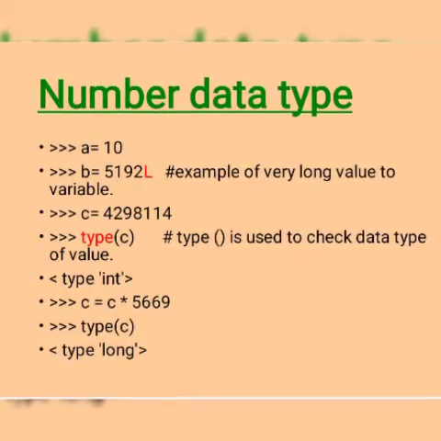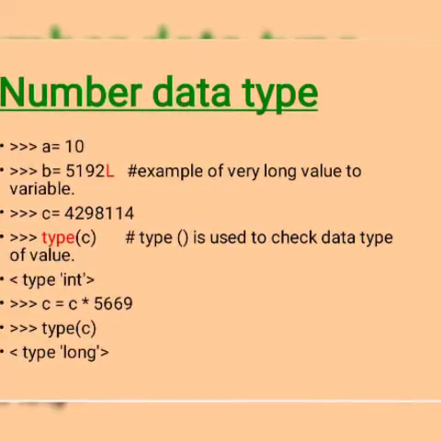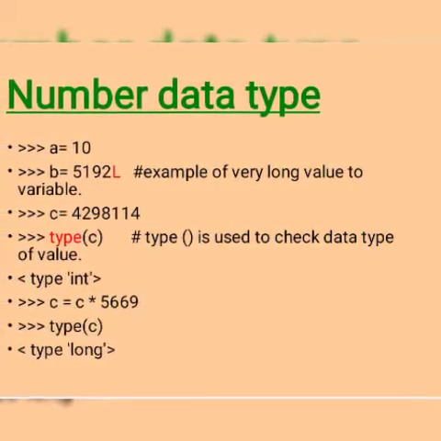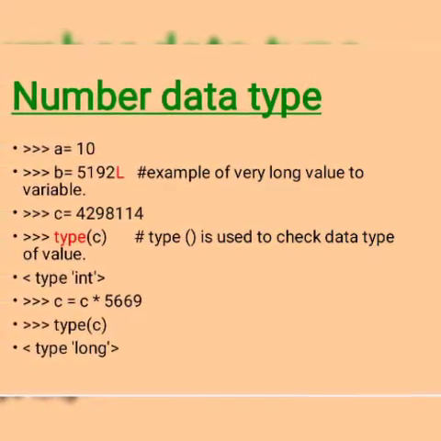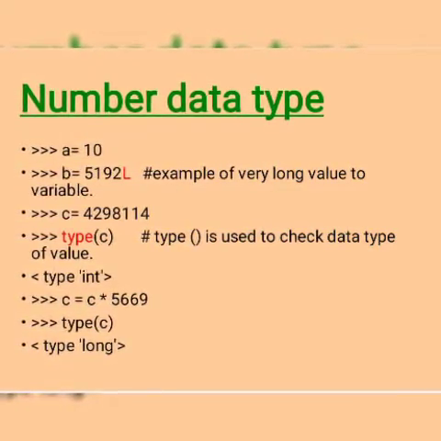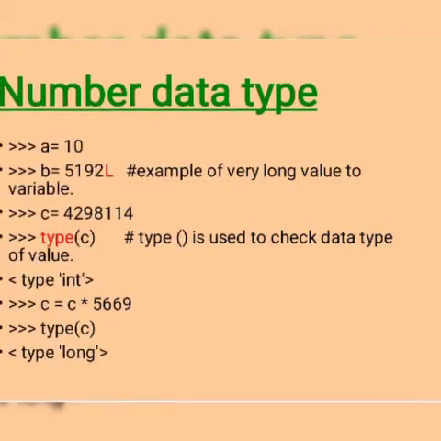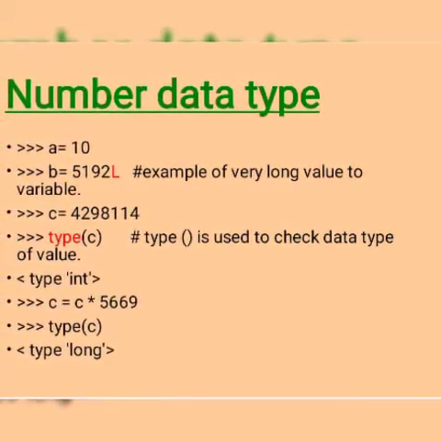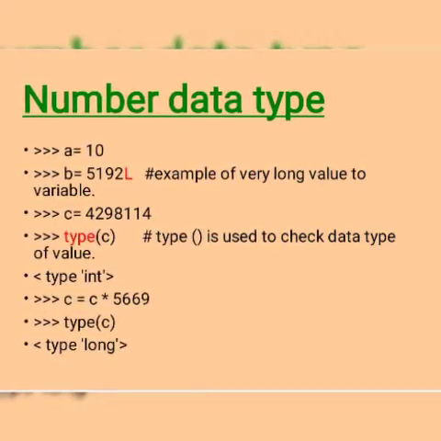So these integers are whole numbers which have either a positive sign or a negative sign. And these are decimal digits. For example, if we write 1000, there is no sign in front, that is, it is positive 1000.